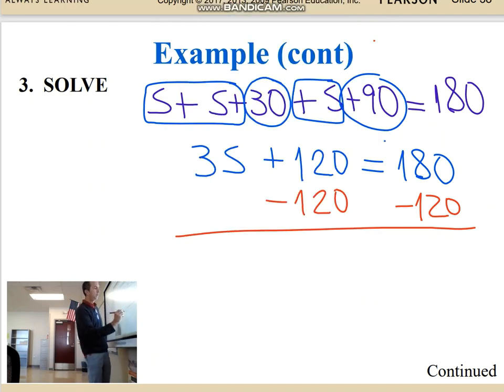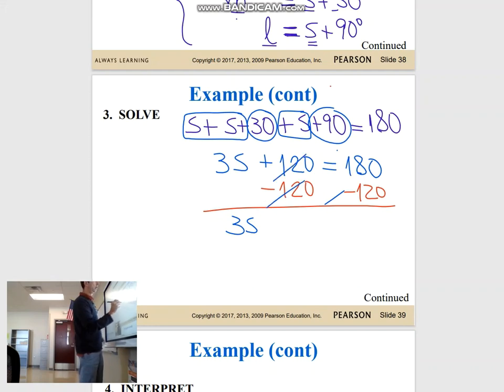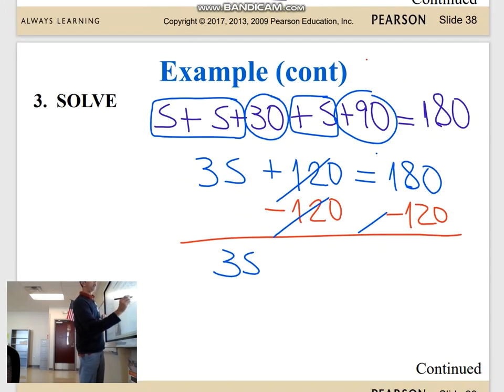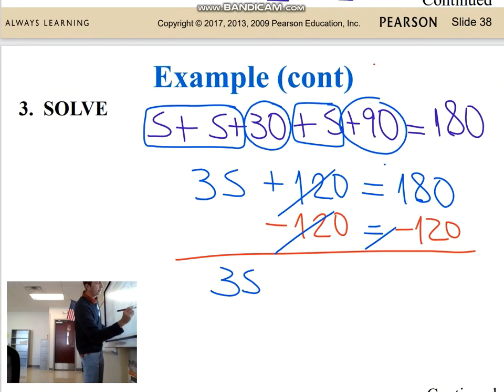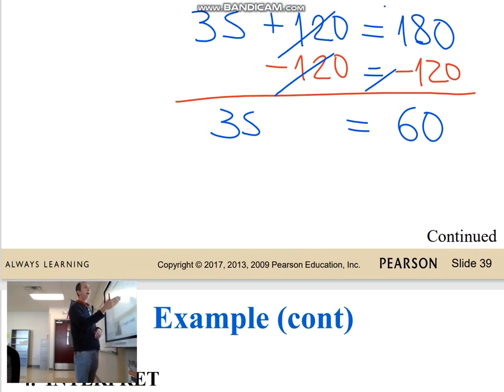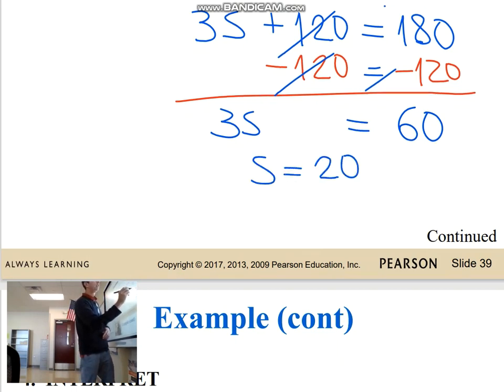That means 3S equals 180 minus 120, which is 60. And we can divide both sides by 3, and then we have S equals 60 divided by 3, 20 degrees.